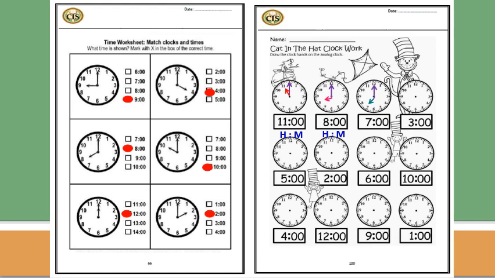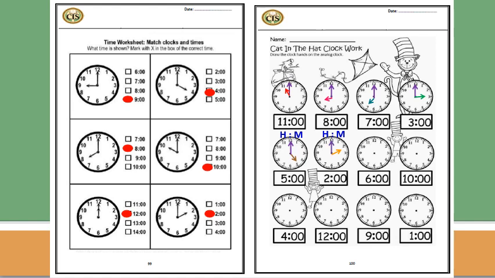3:00. 3 for hours, 00 for minutes. So the short hand points to 3 and the long hand points to 12. 5:00. The short hand points to 5. The long hand points to 12. 2:00. The short hand points to 2. The long hand points to 12. Here 6:00.